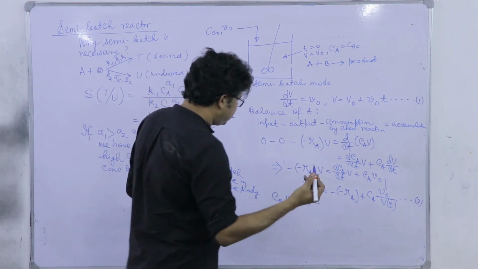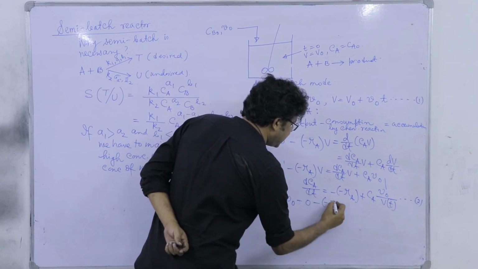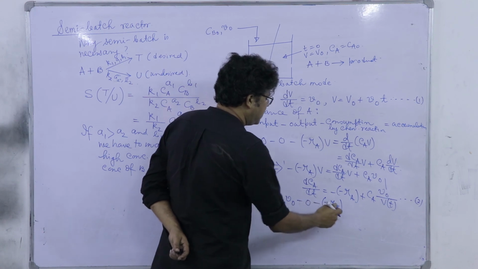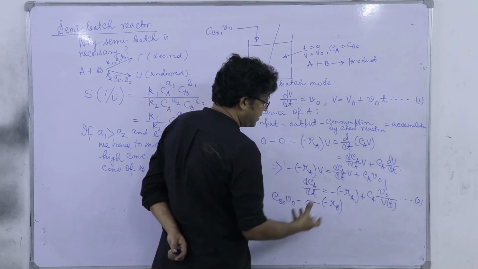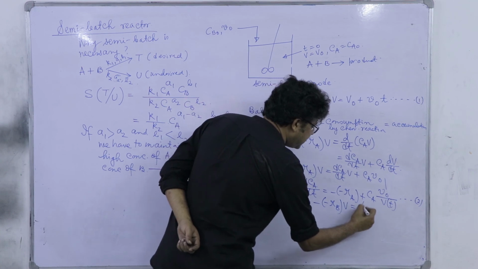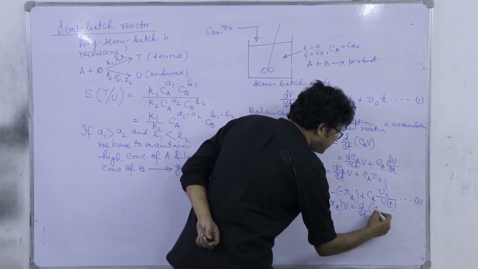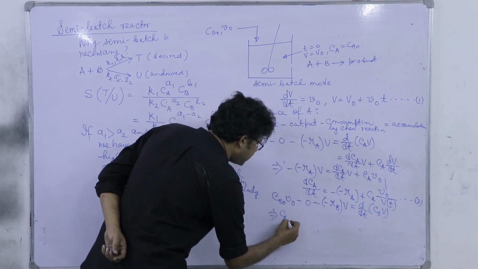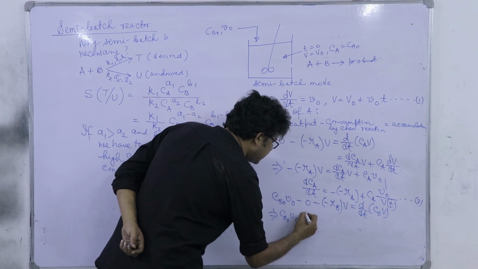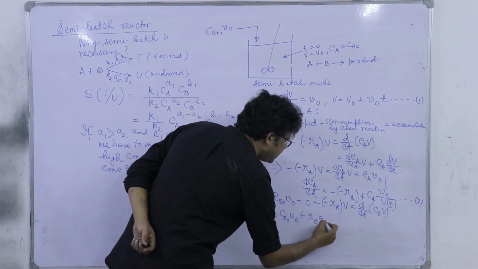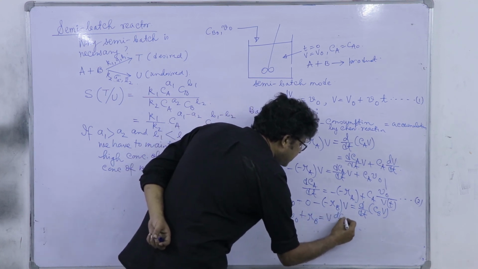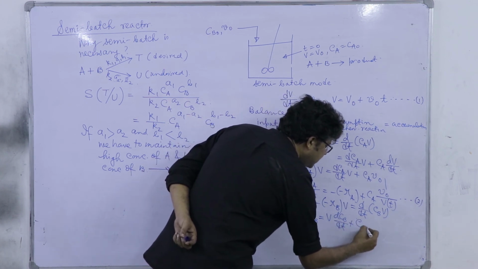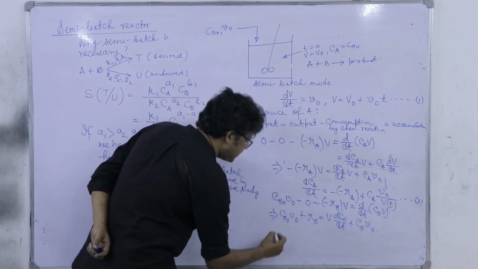So, anyway, let us write that here: inflow minus outflow, minus Rb is positive because it is a reactant, into V equal to d dt of Cb into V. So, it is Cb naught into V naught, and this we can write as: plus Rb into V is equal to V dCb dt plus Cb into V naught, right.